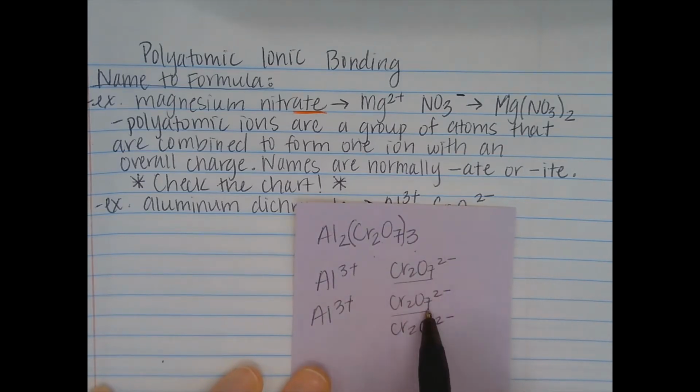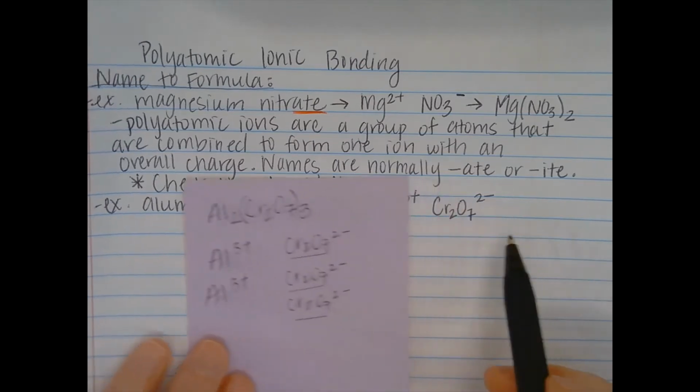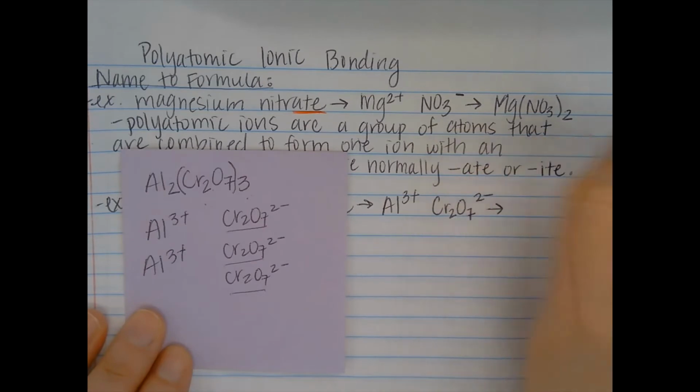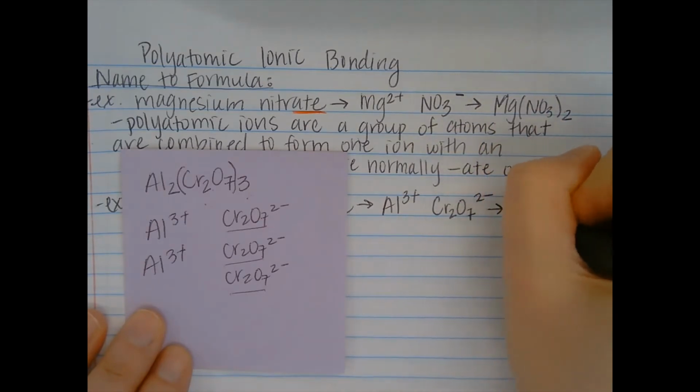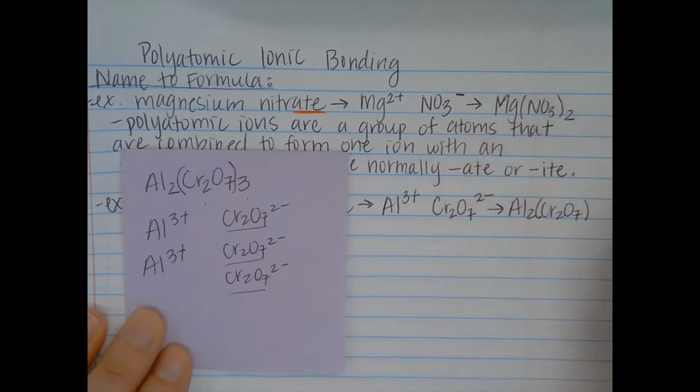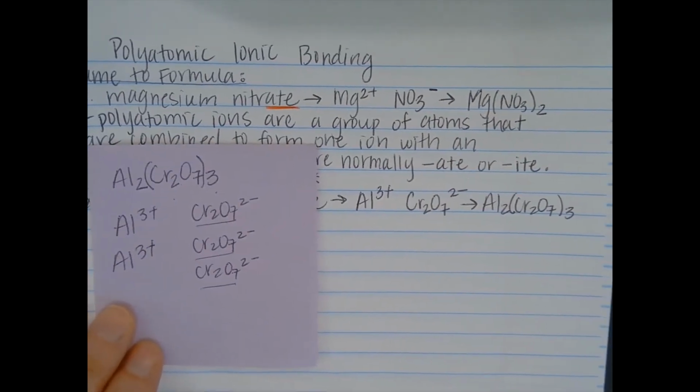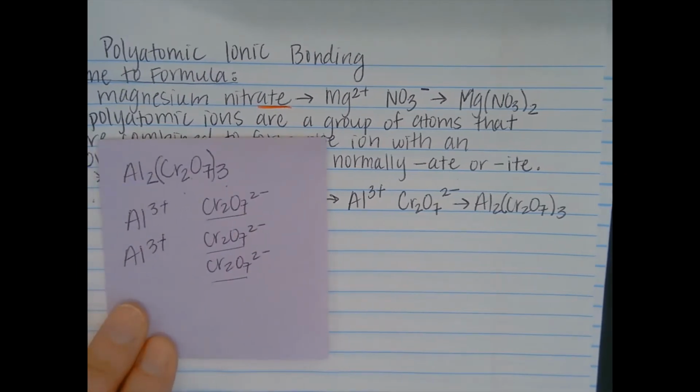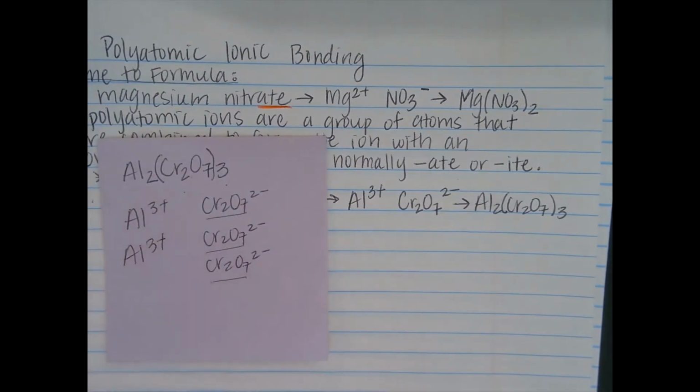These are peanut M&Ms and you can't break them up. It's just a group. They come together. So when I'm writing this for my notes, I'm going to say Al2, parentheses, Cr2O7, close parentheses, 3. Same thing we did before. We're just using a polyatomic ion now.